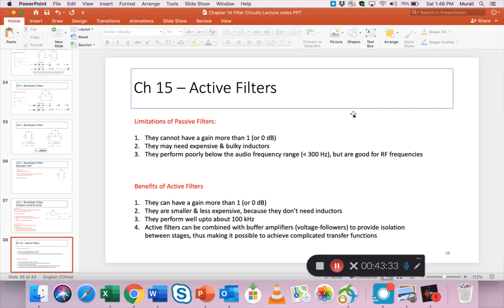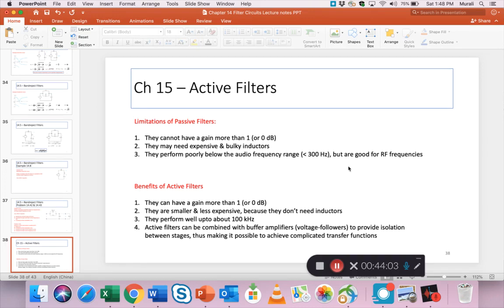Number 3, they perform poorly below the audio frequency range. So if your primary application has a lot to do with sound, audio for your music system at home, etc., they're not very good. But they do very well at very high frequencies, radio frequencies. So there's both good and bad to passive filters.